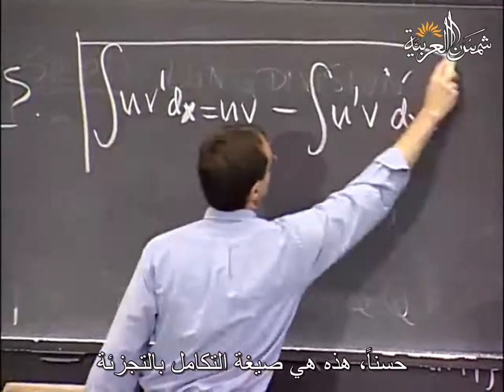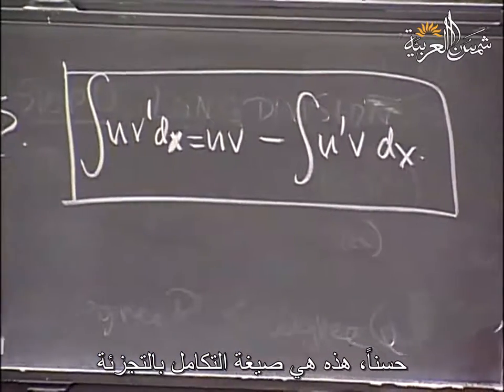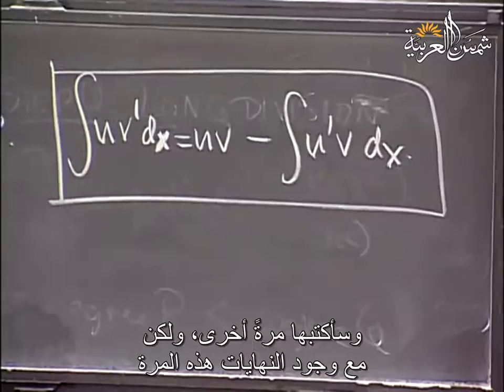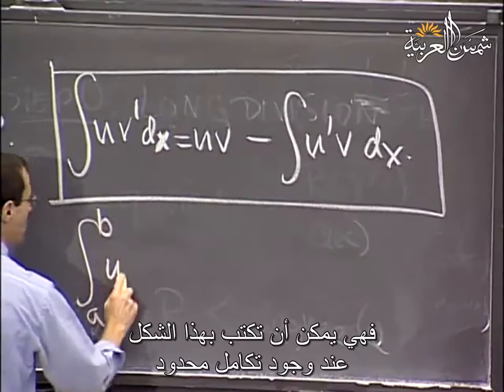Okay, so this is the integration by parts formula. I'm going to write it one more time with the limits stuck in. It's also written this way when you have a definite integral.